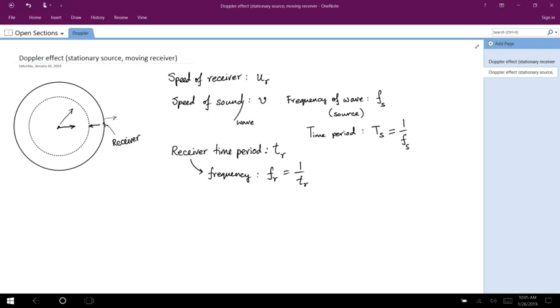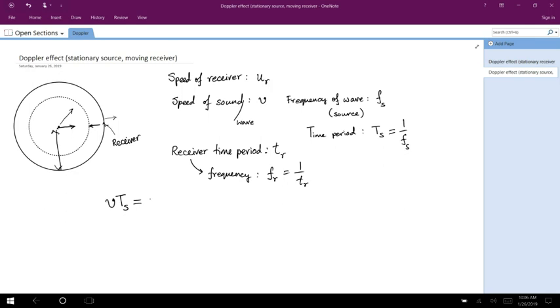And so we can say that V, which is the speed of the sound wave, multiplied by TS, this is the total distance from the source to the receiver's original position, right? So that distance is V times TS. So that must be equal to the sum total of the distance traveled by the next pulse and the receiver.